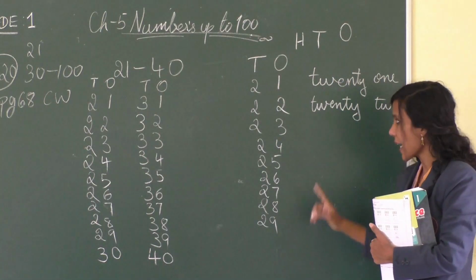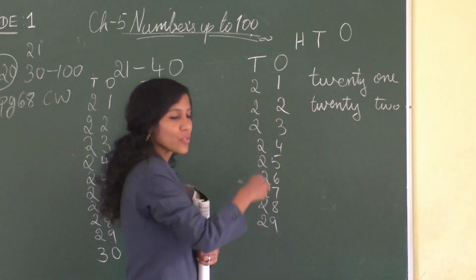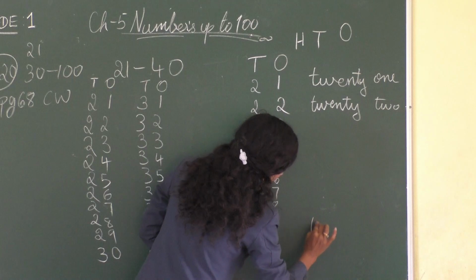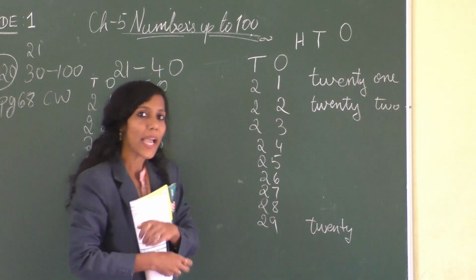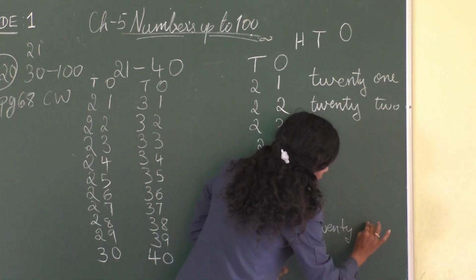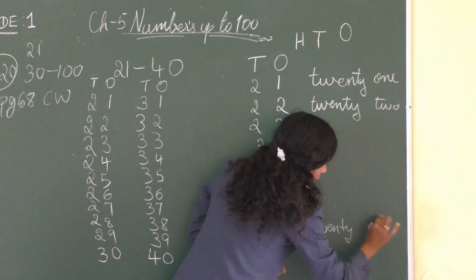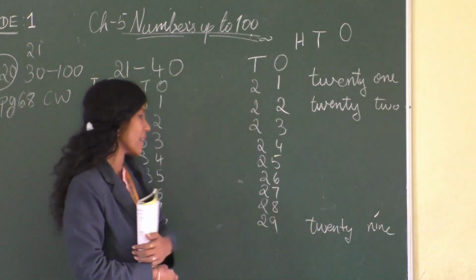When you come to 29, you again write the same thing. You have 20, so you write here TWENTY, 20. And under ones, you have 9. So you write 9. So 29.